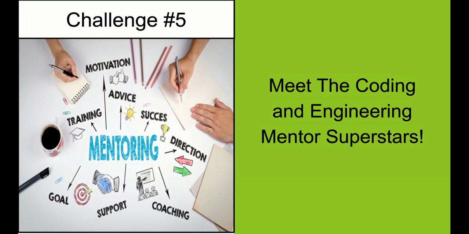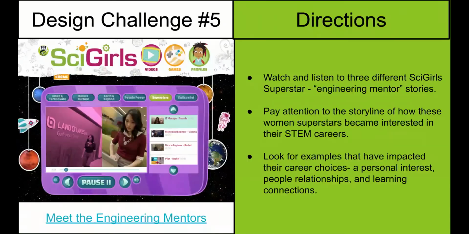Now, as we continue on with rotation station number 5, this is another area where we need to provide more girls especially, and boys, mentoring superstar access so they can identify and relate to an individual who looks like them, resembles them, and has experiences that are very similar to their own lives.